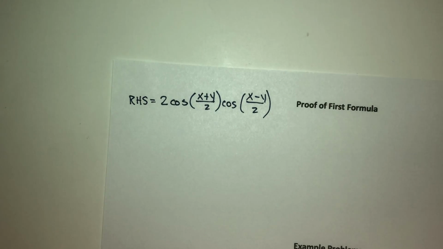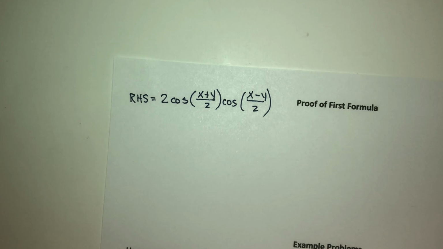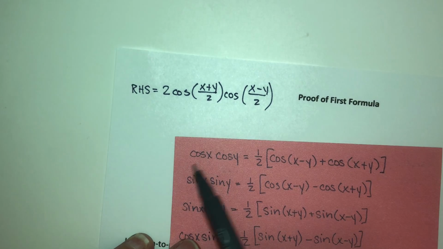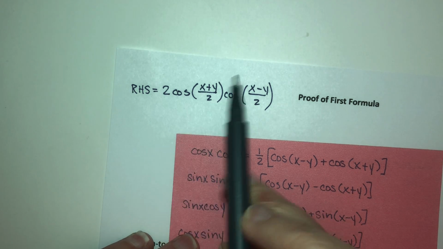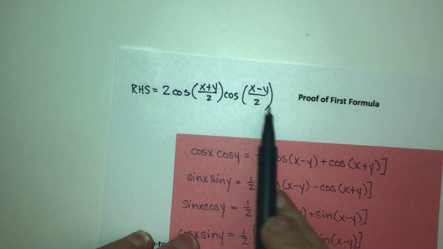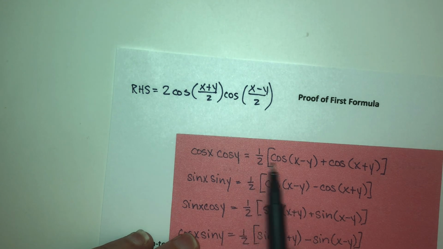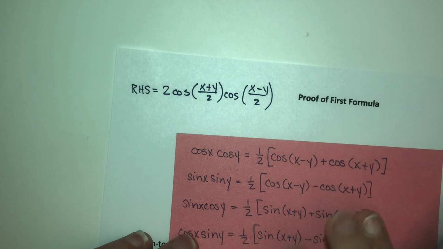So what I'm going to do is use this formula right here. I have 2 angles multiplied together, and I'm going to apply that in here.